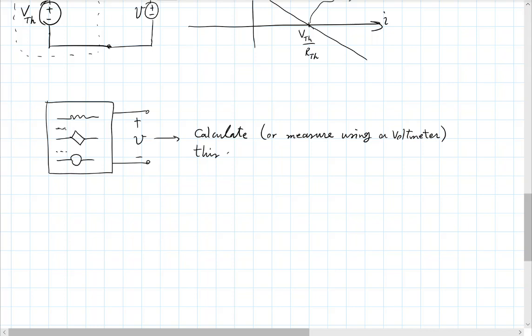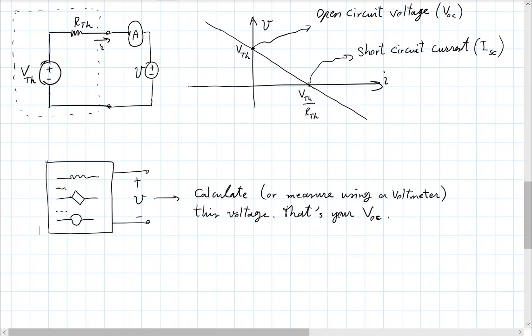This voltage V is your open circuit voltage. Which for a Thevenin equivalent just happens to be VTH.